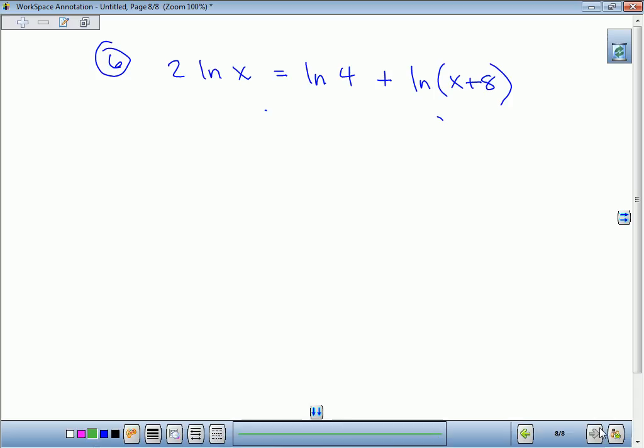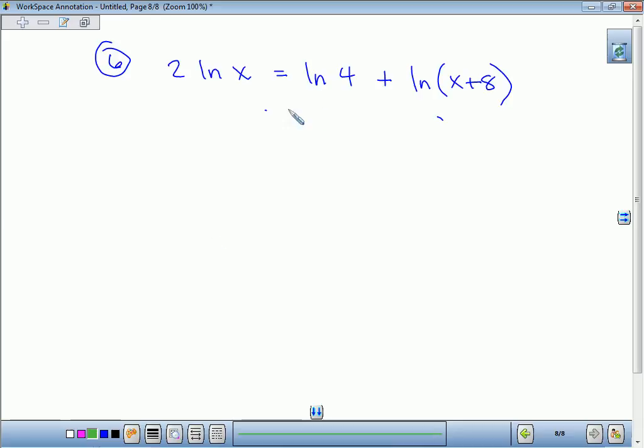Okay, last one we're going to do together, example 6. This one has logs on both sides. So, when we have logs on both sides, we condense both sides and then set the answer parts equal.